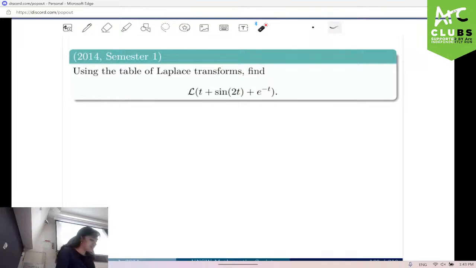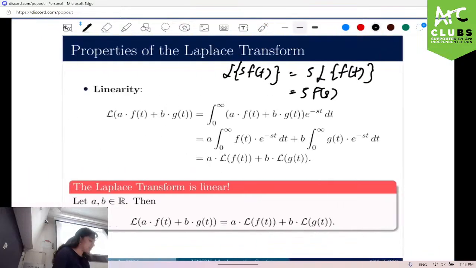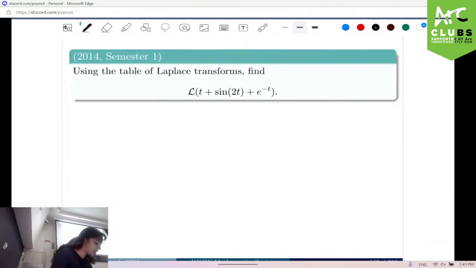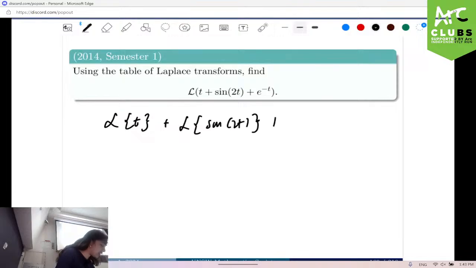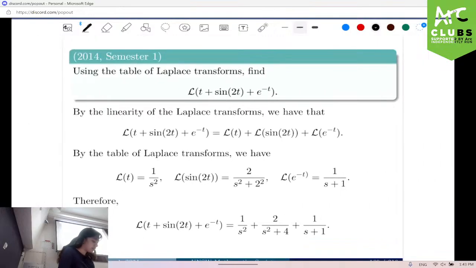Right? So the thing is, because of linearity, it's also distributive. So what we can do is we can just find the Laplace of t plus the Laplace of sine 2t, and then the Laplace of e to the minus t. So you know that the Laplace of t will give you 1 over s squared.